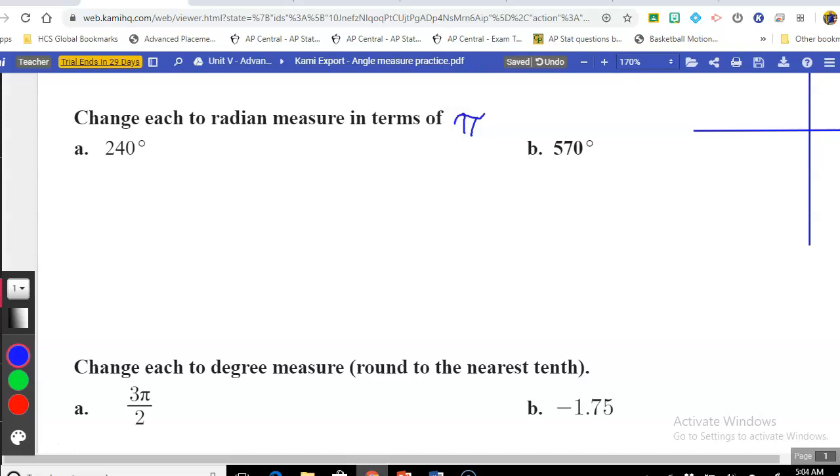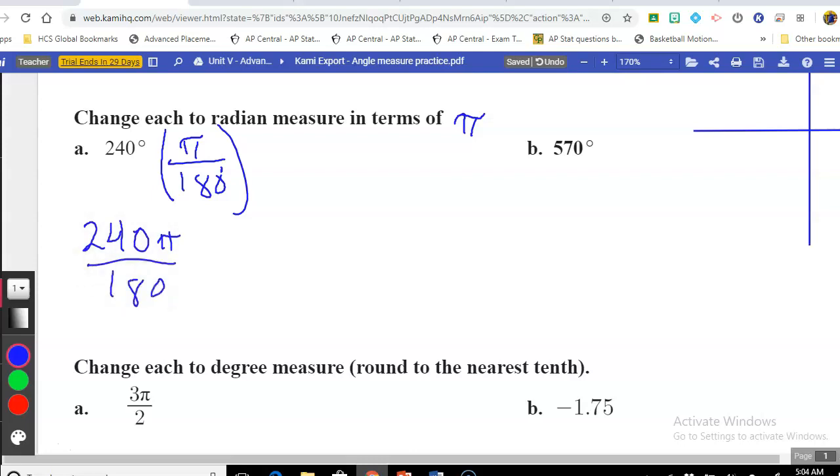To change that in terms of pi, we take 240 degrees and multiply it times pi over 180 degrees. 240 times pi is 240 pi over 180, and we simplify 240 over 180.